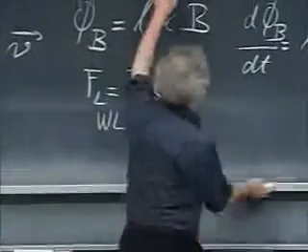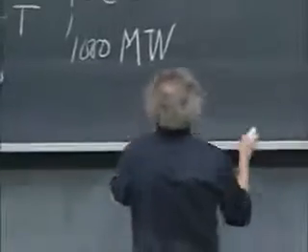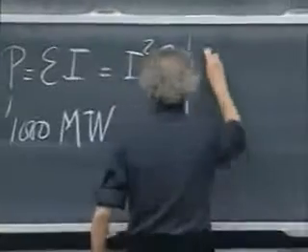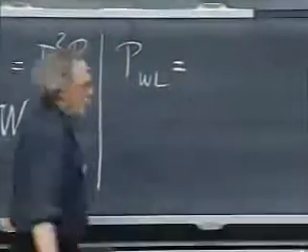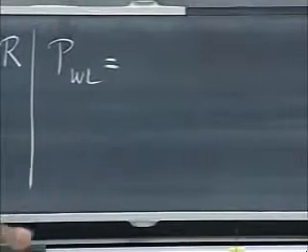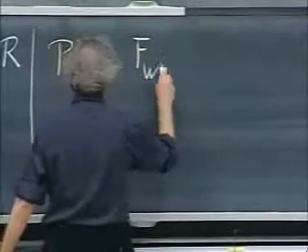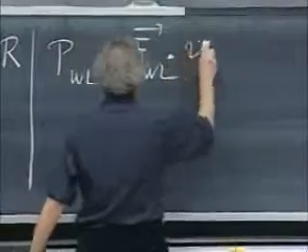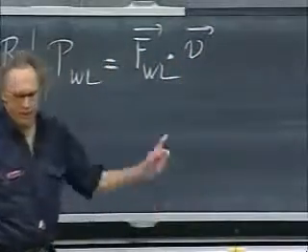So the work that I do, let me express it in terms of power. The power that I generate is my force dot product with my velocity. Remember from 801.